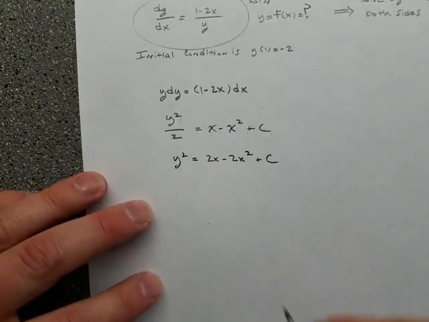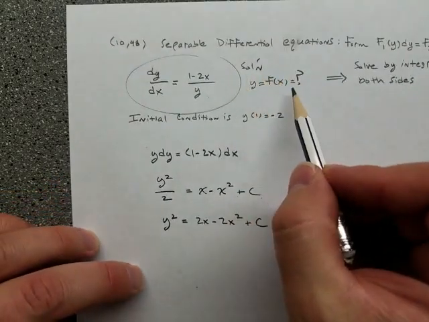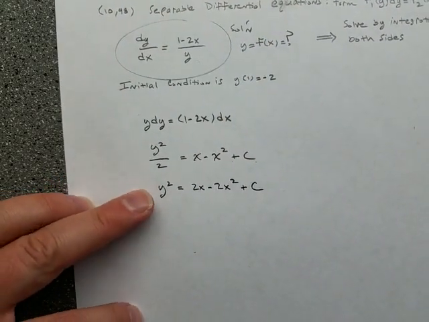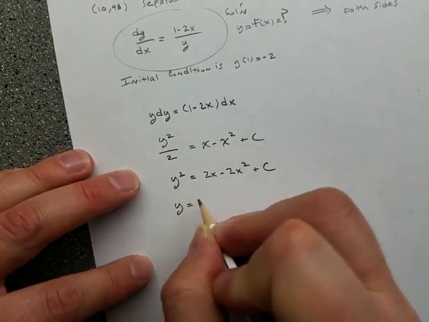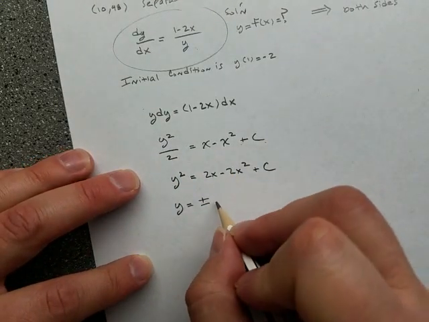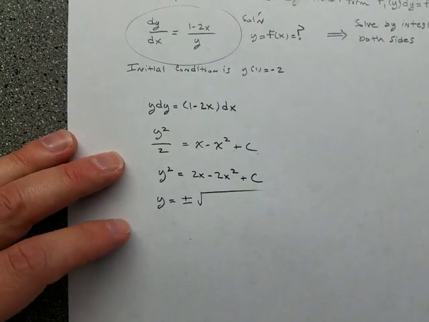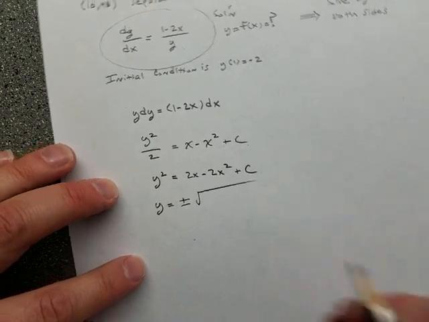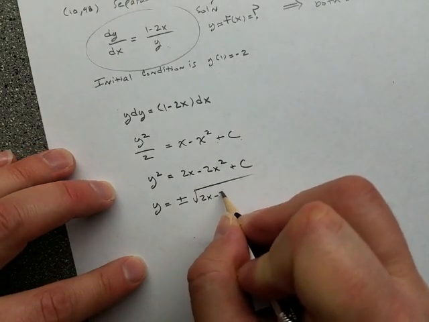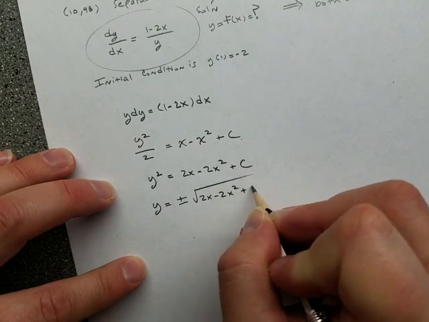And then if I'm really looking to get y, if I operate on that square, I would have to take plus or minus the root. So plus or minus root of 2x minus 2x squared plus c.